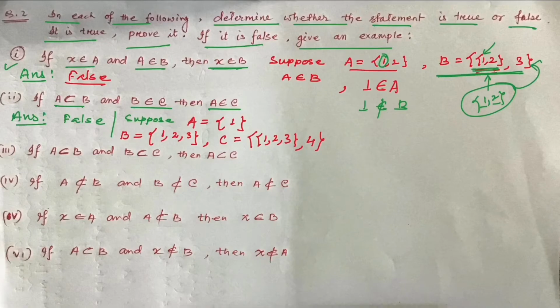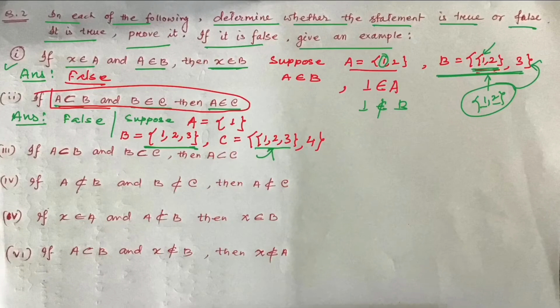So here you see in this statement, A is a subset of B and B belongs to C. So that means this set B must be an element of set C. This is the set containing 1 to 3.